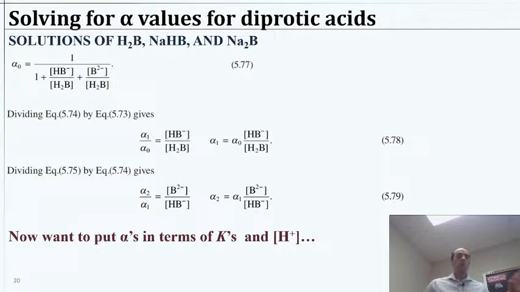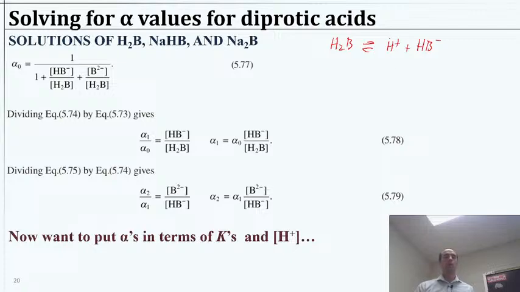To begin simplifying, we're going to start with alpha 0. Just as a reference, we have H2B, which would be like H2CO3, in equilibrium with H plus and HB minus. This is the first deprotonation, and so alpha 0 is giving us the fraction that is H2B.